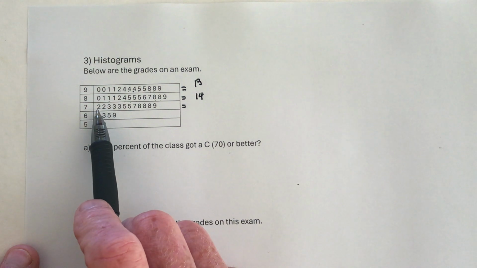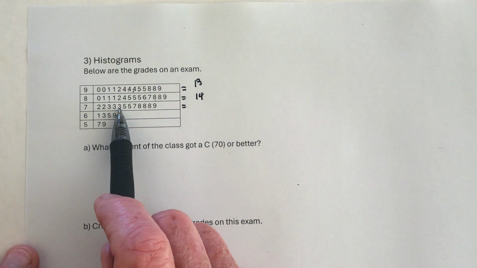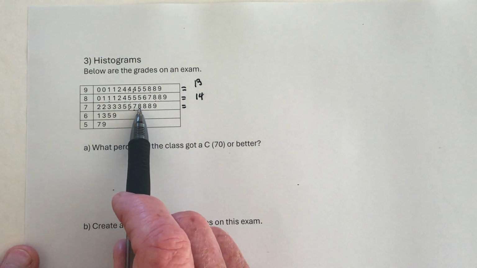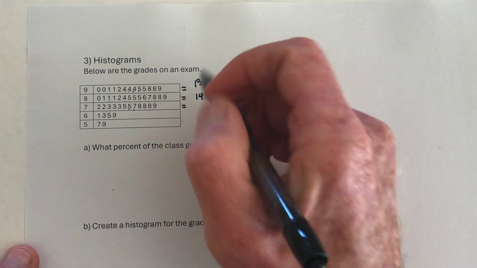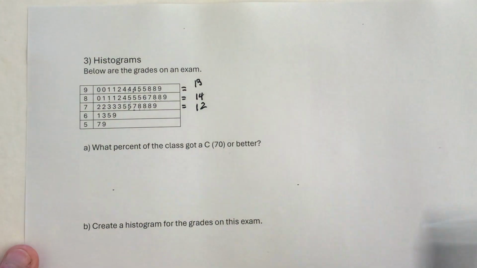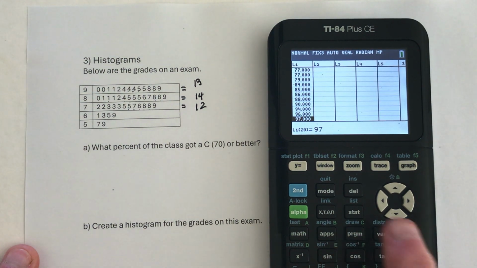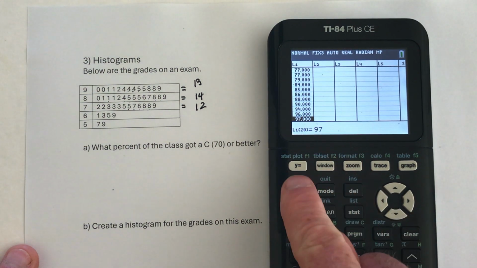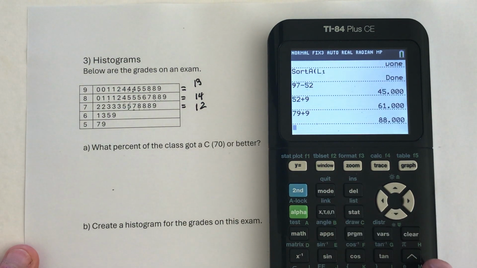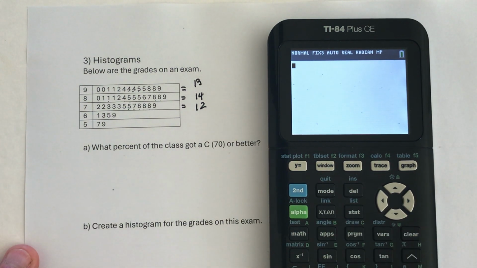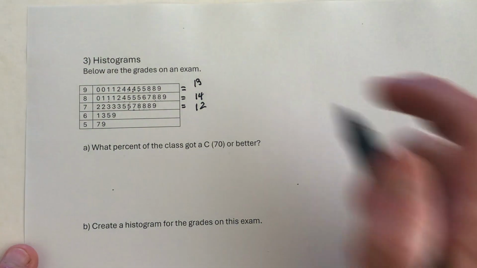And for the 70s, 1 through 12. So don't forget, when it's on this screen, you can just put second quit to get back to the home screen. So a 13 plus a 14 plus a 12. So that equals 39 people.